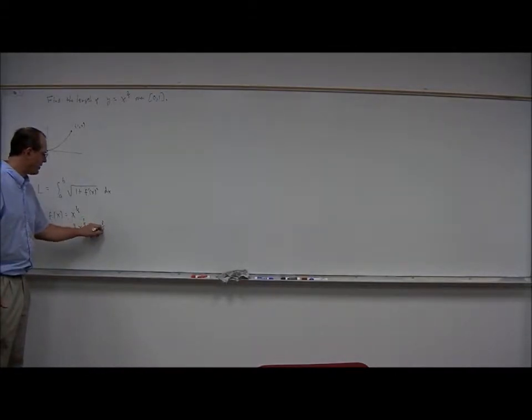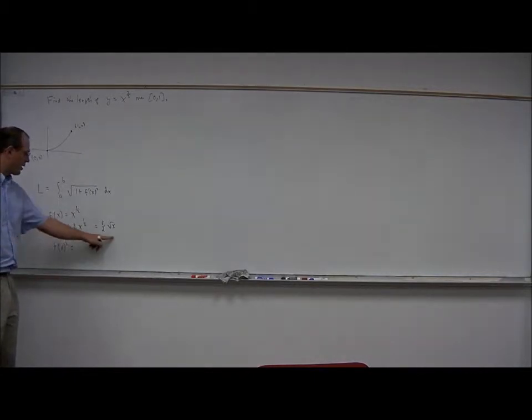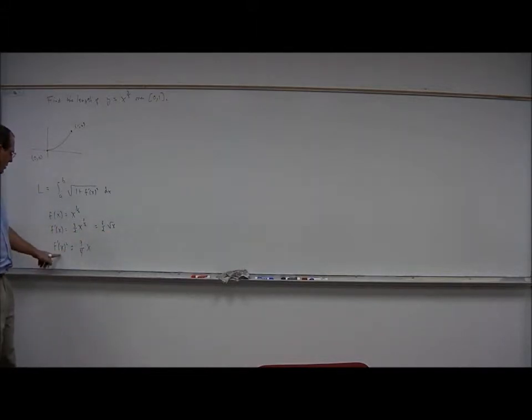That's 3/2 times the square root of x. So our formula calls for f prime squared, so we need to square this. Squaring 3/2 gives 9 over 4, and squaring the square root of x gives x. So f prime squared is 9/4 x.